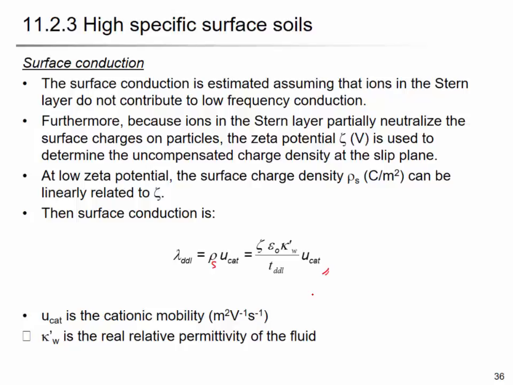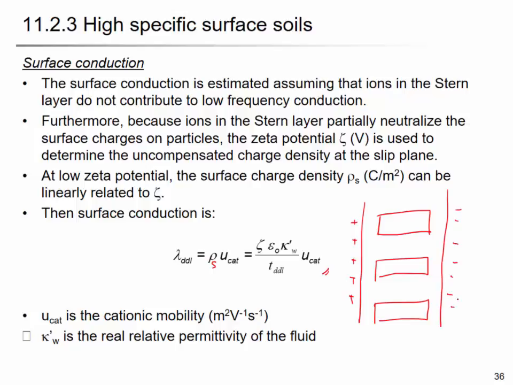So then, when you have an electrolyte in the clay, you have a clay particle, and if you apply the electric field, you also have the electrolyte as a pore fluid.